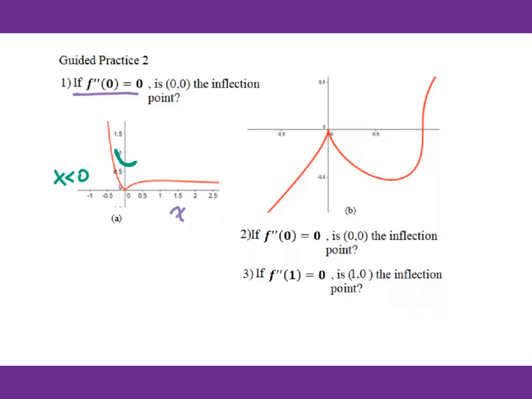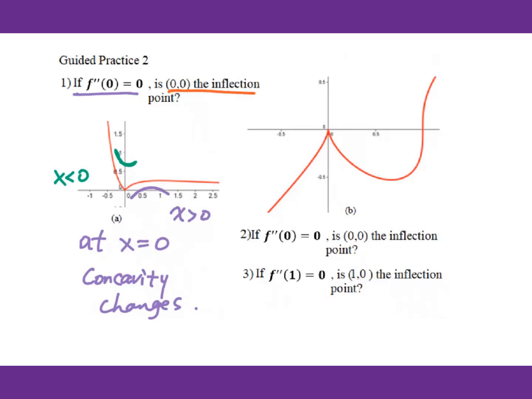For x greater than 0, it has a concavity down. In other words, at x equal to 0, the concavity changes. Therefore, (0, 0) is the inflection point.